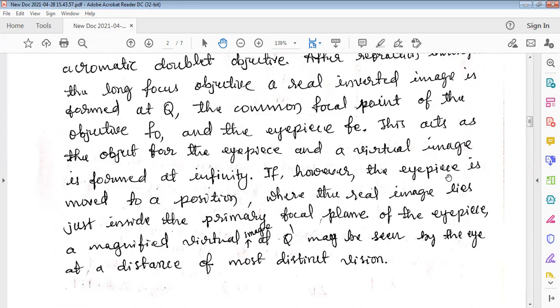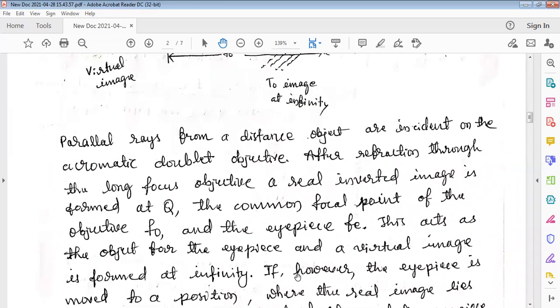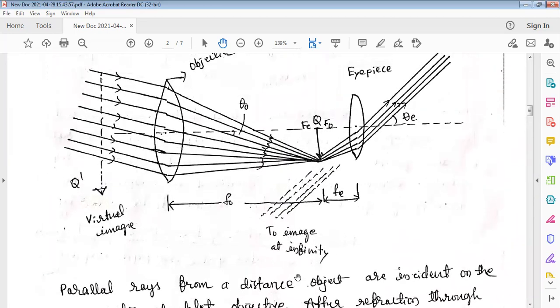If, however, the eyepiece is moved to a position where the real image lies just inside the primary focal plane of the eyepiece, a magnified virtual image at Q dash may be seen by the eye at a distance of most distant vision.